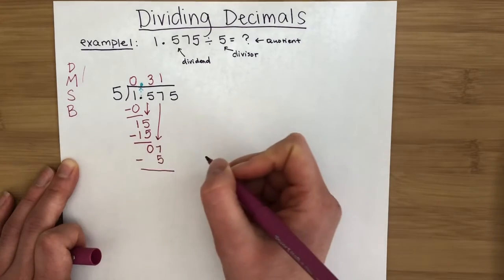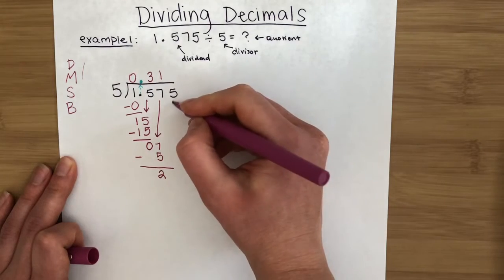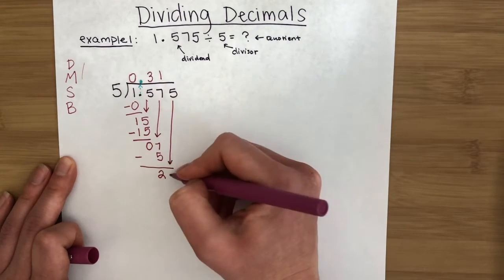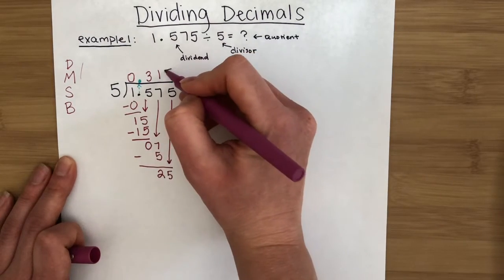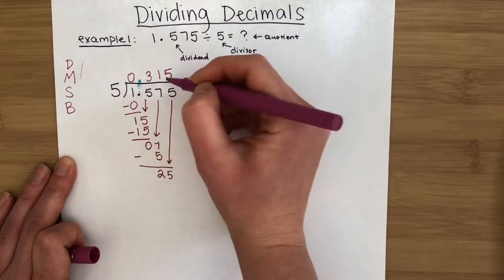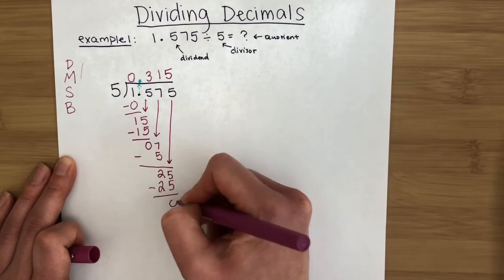I subtract. Then I'm going to do 7 minus 5, which is 2. I bring down my next number, which is 5. 5 can go into 25 5 times. 5 times 5 is 25. I subtract and I get 0.